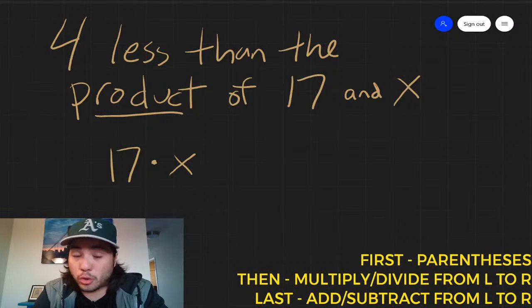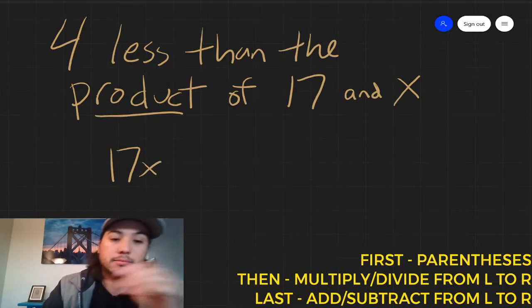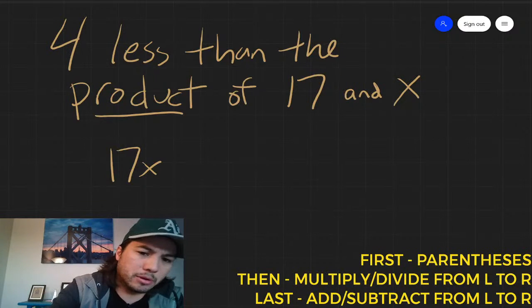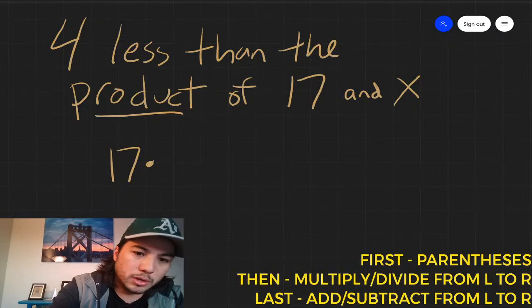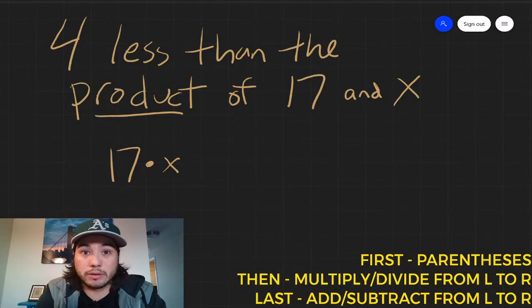And even shorthand is actually just being able to go 17x. That essentially means 17 times x. We're going to leave the dot in the middle just for clarity's sake for now. As you move up in algebra, you will see the number next to the variable, and essentially that means to multiply.